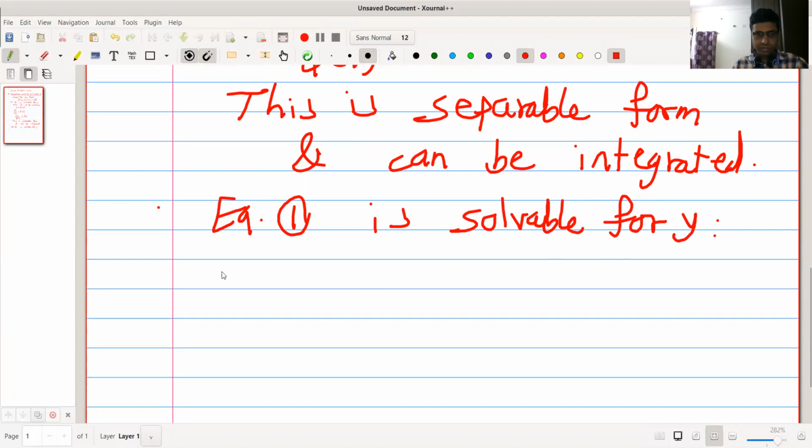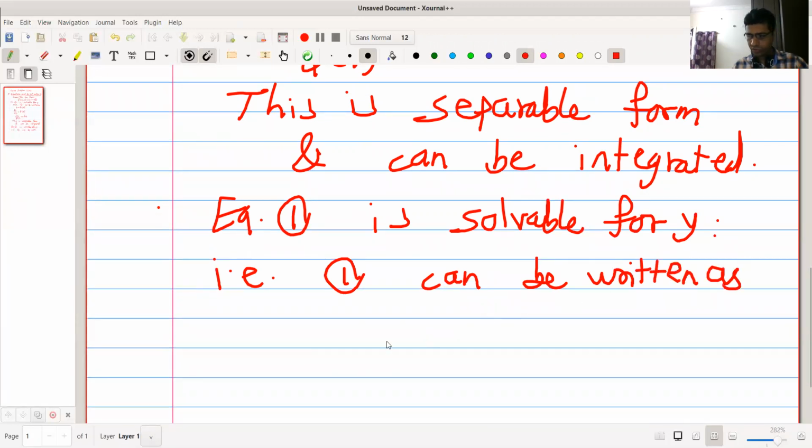That means 1 can be written as y equal to some function of p, say capital F of p.